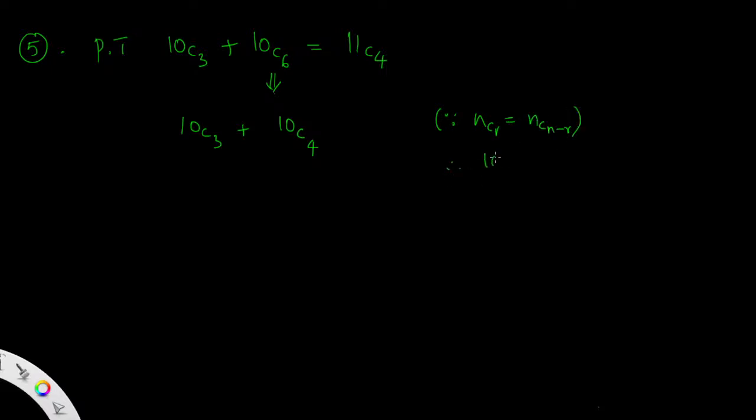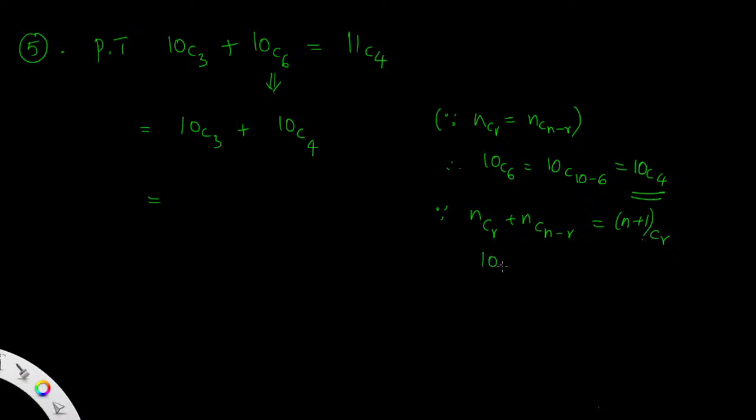Therefore 10C6 is equal to 10C(10 minus 6), which is equal to 10C4. 10C4 is obviously equal to 10C6. Okay. Therefore, again the formula can be applied as nCr plus nC(n minus r) equal to (n plus 1)Cr.